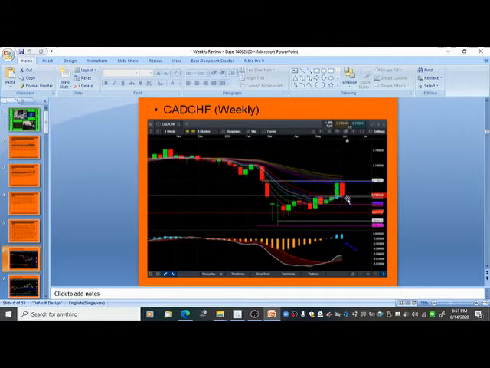Then it closed at the short term group, the interference line here.